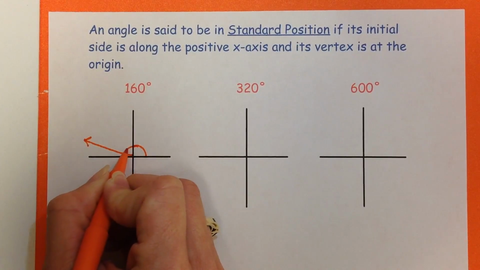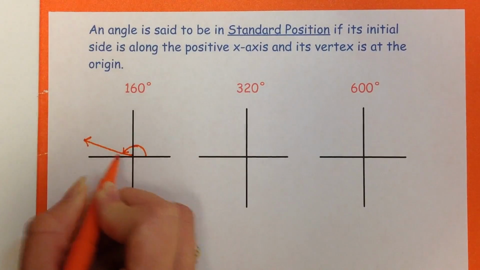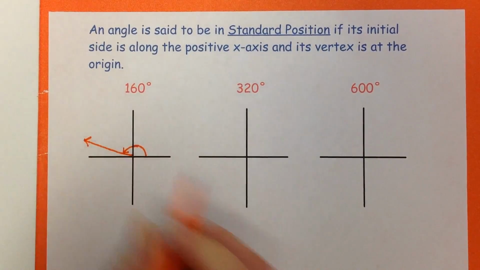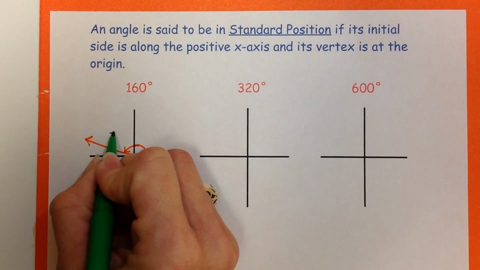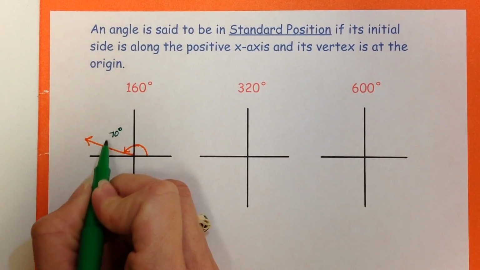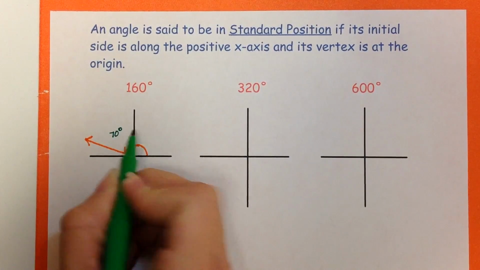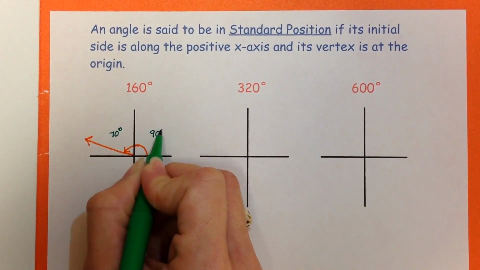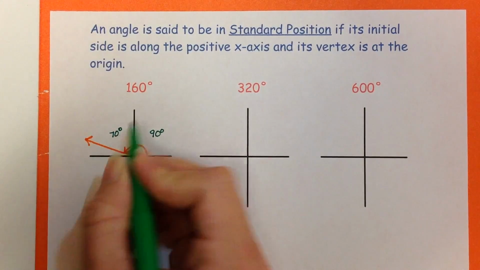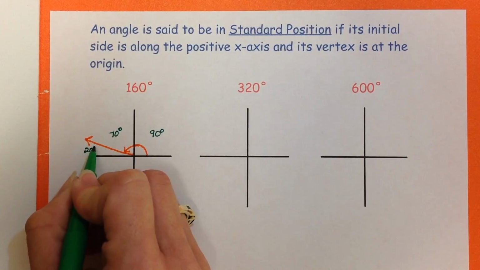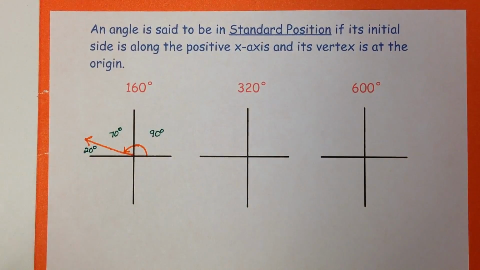That would require that I come somewhere within this region, which would mean you have 70 degrees in this portion. Over here was 90 degrees, that whole quadrant was 90. And I put another 70 here, which would mean this little piece here would have to be 20, okay?